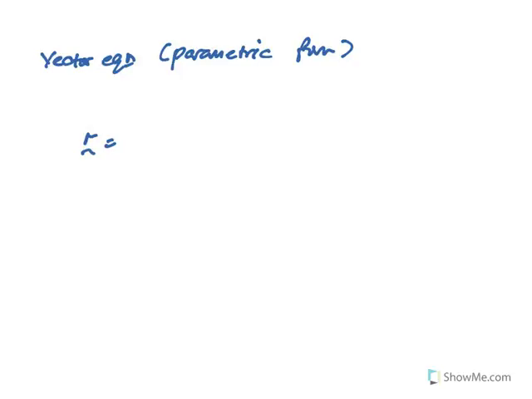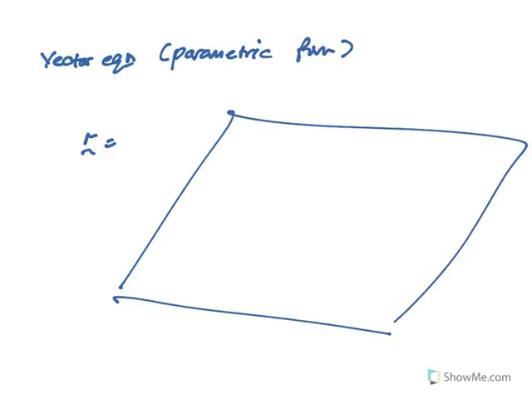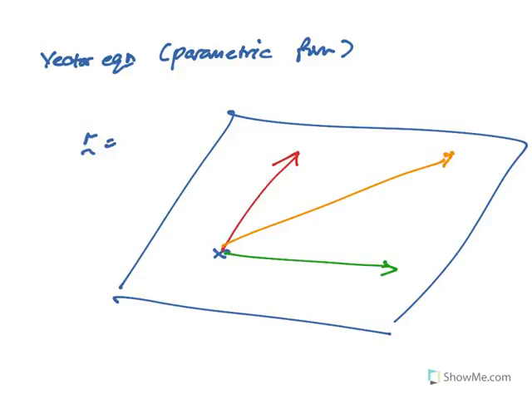If I have one point on the plane, I put one vector out, and another vector out, which must be non-parallel, I can describe any point on the plane. Remember the parallelogram law: if I take A and B, then this vector is A plus B.